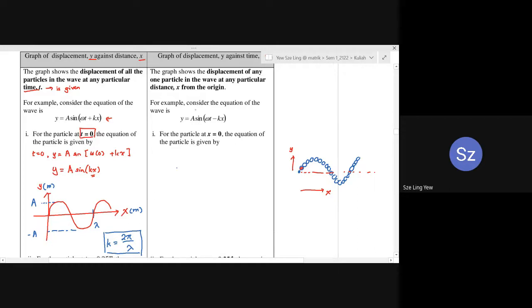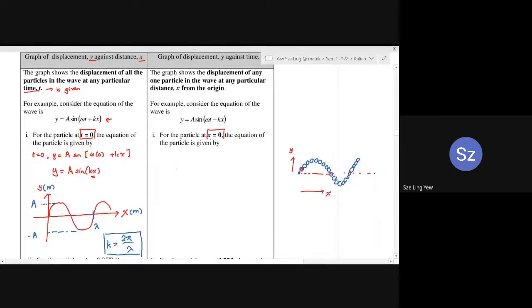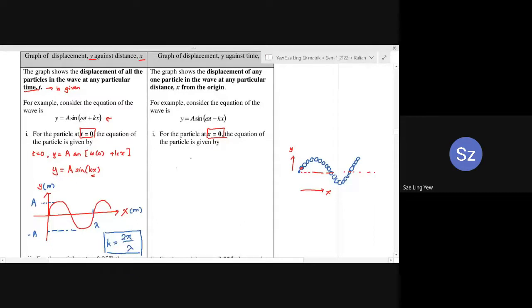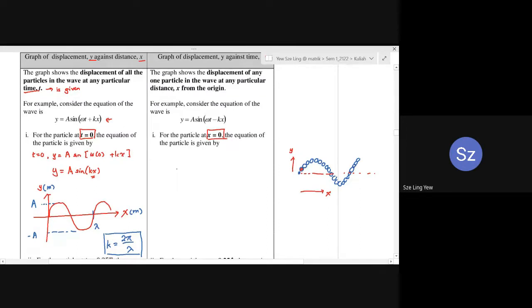So for example, consider the equation of the wave. You still have the same equation, just that I'm using a negative sign. So for the particle at x equals 0, you look at what happens to this particle at different times. You're looking at what happens to the first particle.